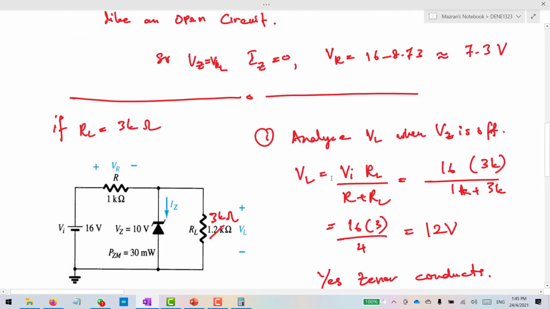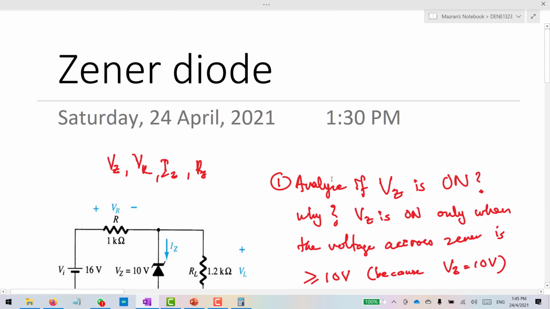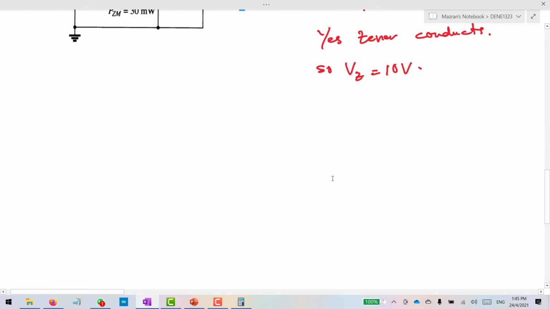And then what else do we need? We are done for VZ. VR, IZ, and PZ. So VR, what is VR? Equals to V in minus V out. So V in is 16 minus 10 equals to 6 volt. And then IZ equals to, what is the equation for IZ?